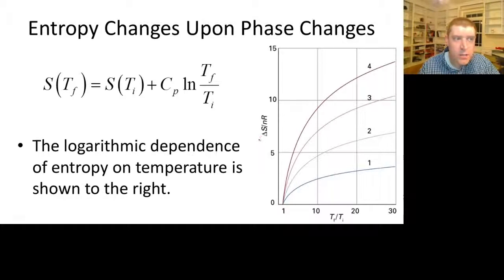And on the left, we have the entropy change divided by the number of moles N and R. And so you can see here this logarithmic dependence if we pick any one particular value for the heat capacity. So we have, let's say, this value here. So you can see this nice logarithmic dependence of the entropy on the temperature.